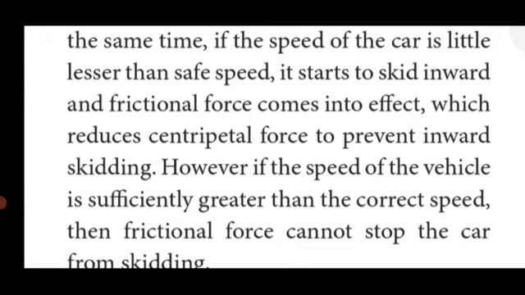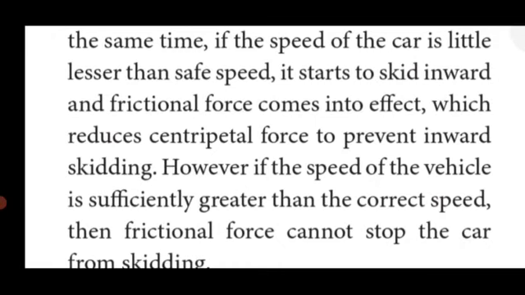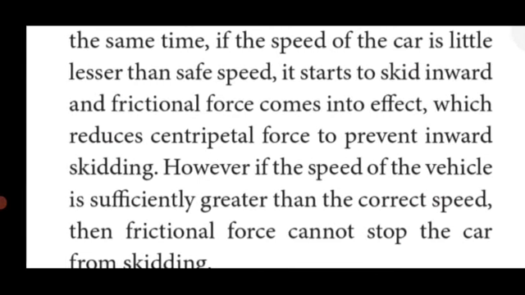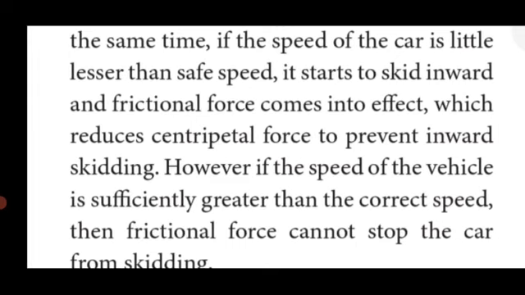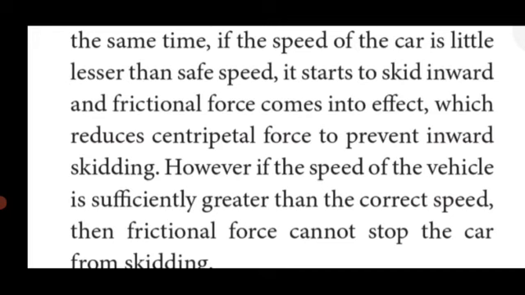If the vehicle has more speed than the correct speed, it is definitely going to skid. That's why in rainy seasons, instructions are given for traffic to go slow. If we go slow in the rainy season, there will be more friction. If you go at more speed on a bike, the vehicle definitely skids. So the speed alone determines the vehicle's skidding.